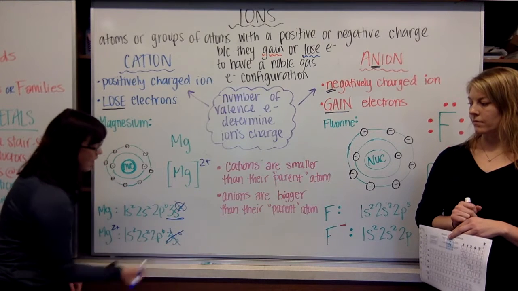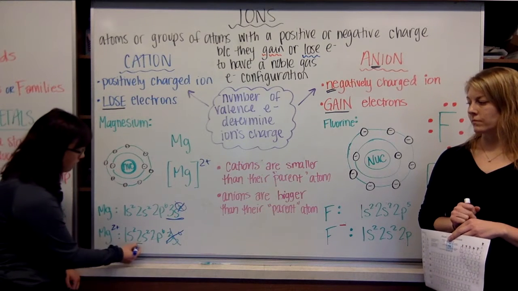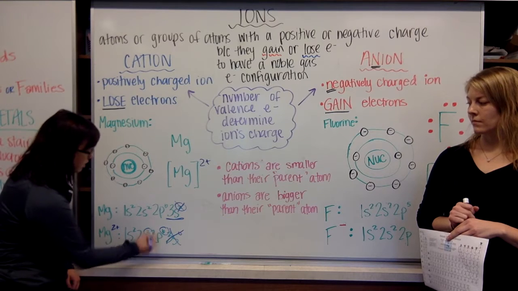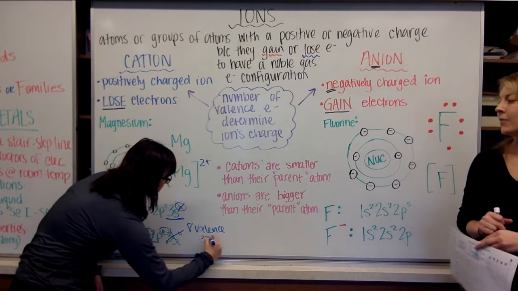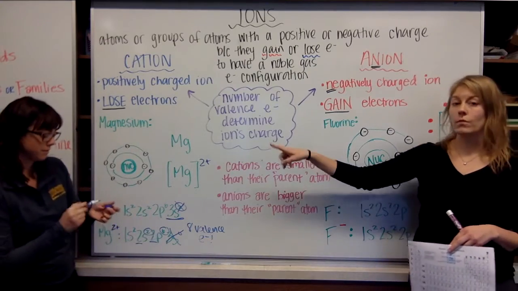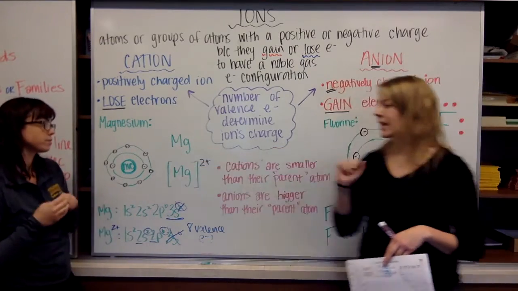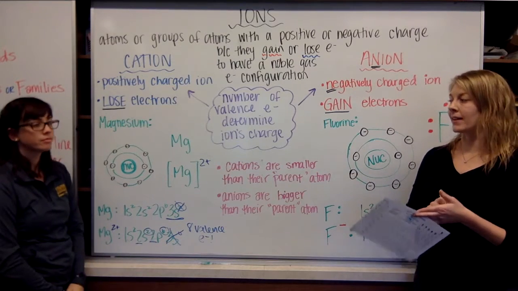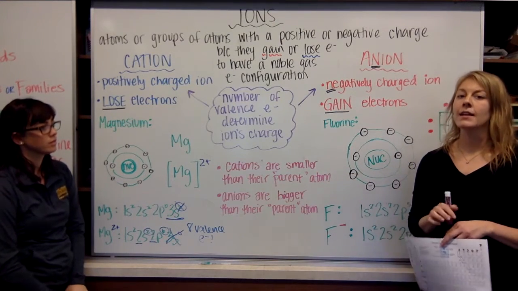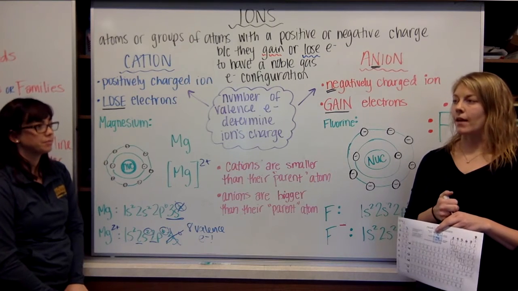We just get rid of that, and we have a total of 8 valence electrons. Yay. We see there that we lost an energy level, so the cation is actually smaller than the parent atom it came from. The magnesium ion is going to be smaller than a magnesium atom.